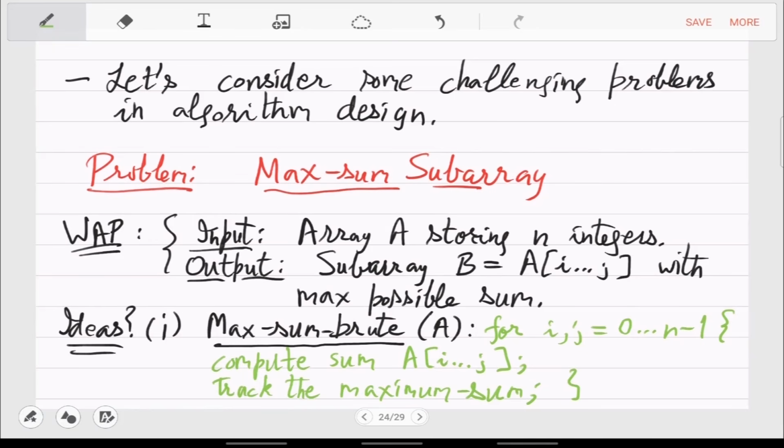And as you go from one i, j to the next i, j, you can track the maximum sum. Whatever the previous sum was, you store in a variable, let's say max, and next time when you get something bigger than that, you update max. So track the maximum sum in some variable, let's say max.